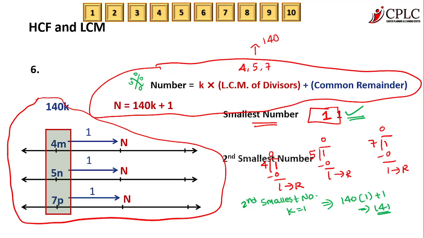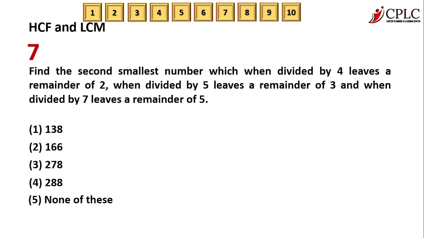Let's talk about question number 7. Again, one of its type, but we have to identify that first of all. So they are saying now we have to find out the second smallest number. So the first key part is this, not the smallest, the second smallest number, which when divided by 4 leaves a remainder of 2, divided by 5 leaves a remainder of 3, and divided by 7 leaves a remainder of 5.